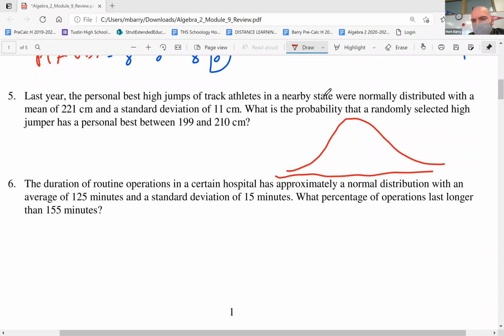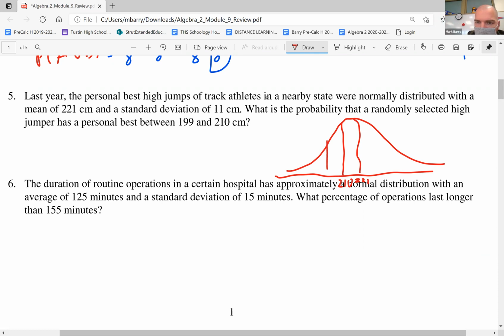All right, so I'm going to draw my quick bell curve here. So we know in the middle, we have 221. And if I subtract the standard deviation, minus 11, that's 210.